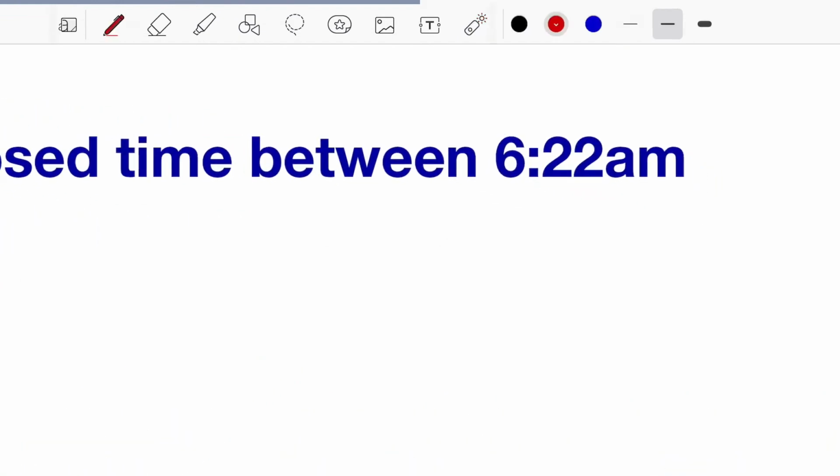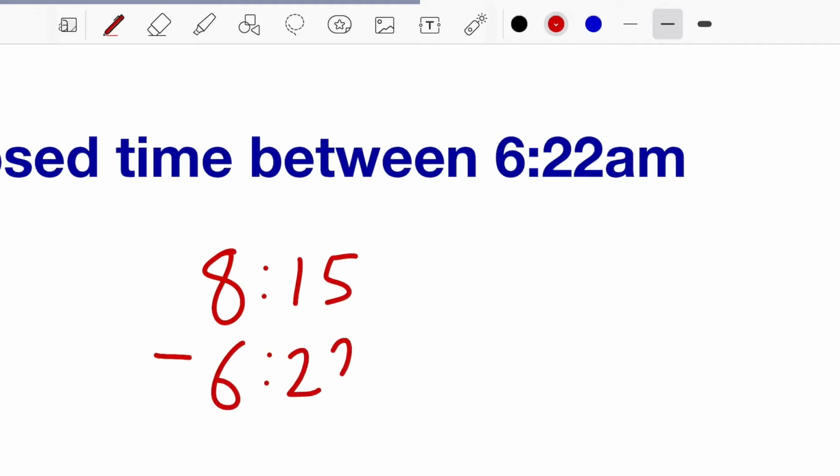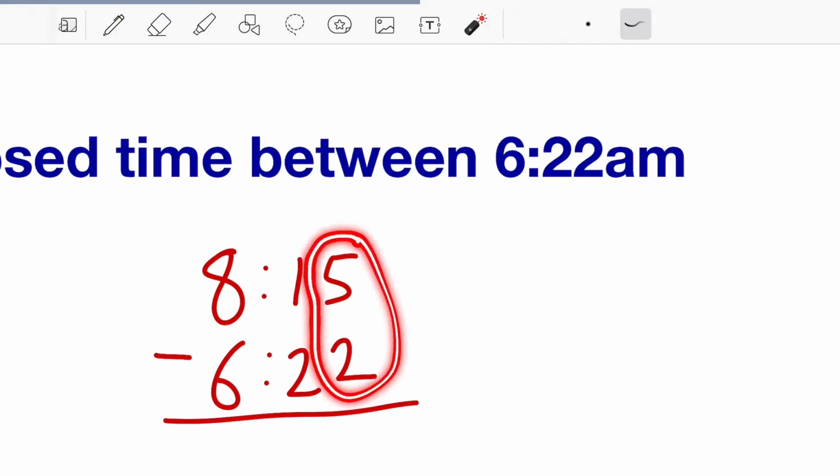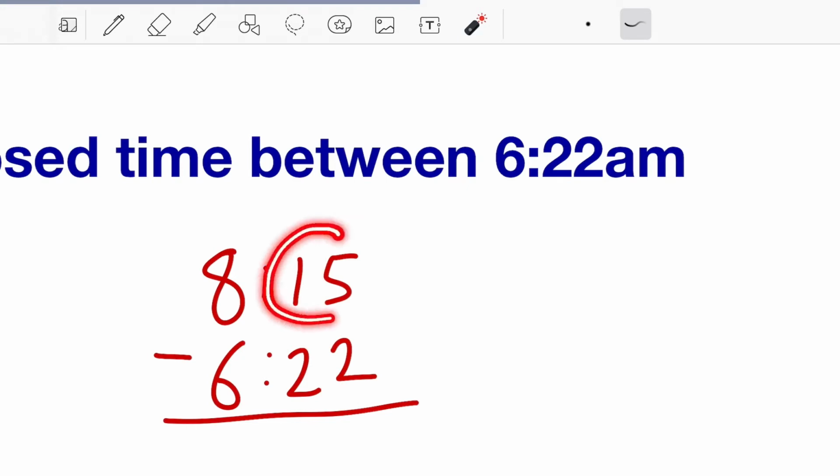So 8:15 take away 6:22. So immediately we can observe, we're not going to look at the numbers individually for the minutes, we're going to look at them as a whole. So can 15 take away 22?